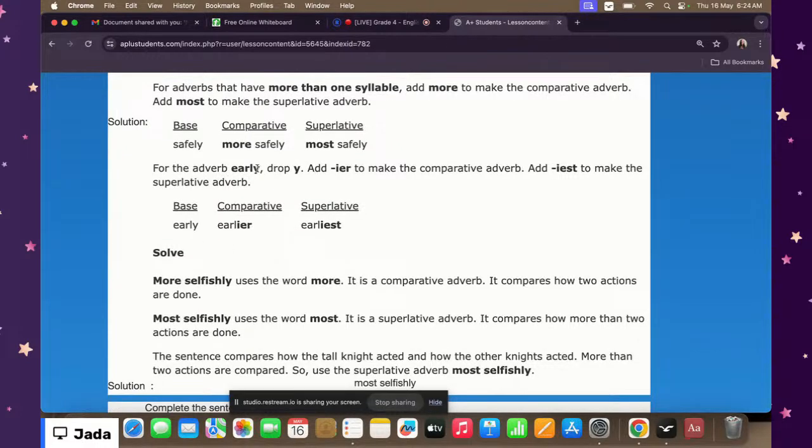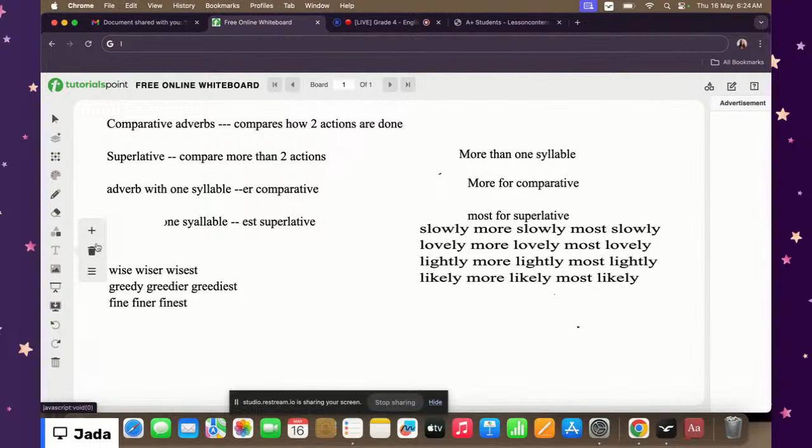So for the adverb early, drop y, add ier to make the comparative adverb, and iest. Exactly. So Rose just gave us an example. And whenever the word comes with Y, just like happy, it becomes happier. So let's say that we have a word happy, and happy has Y to it.